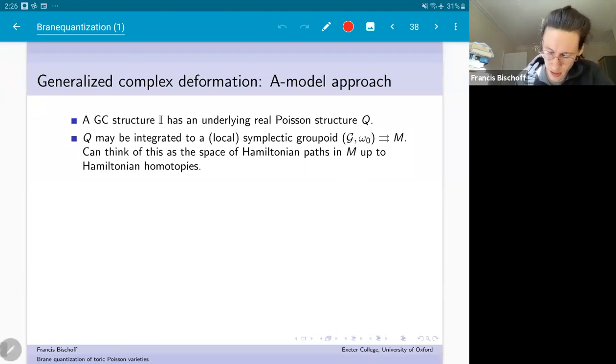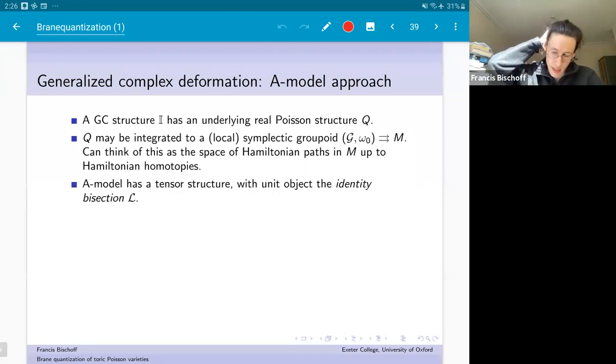So we can think of this thing, the symplectic groupoid, as a space of Hamiltonian paths on the manifold up to Hamiltonian homotopies. So it's something that's like the fundamental groupoid of a manifold, but it's adapted to the Poisson structure. And so this thing, G omega, is a symplectic manifold, but it also has this product, which corresponds to concatenating paths.